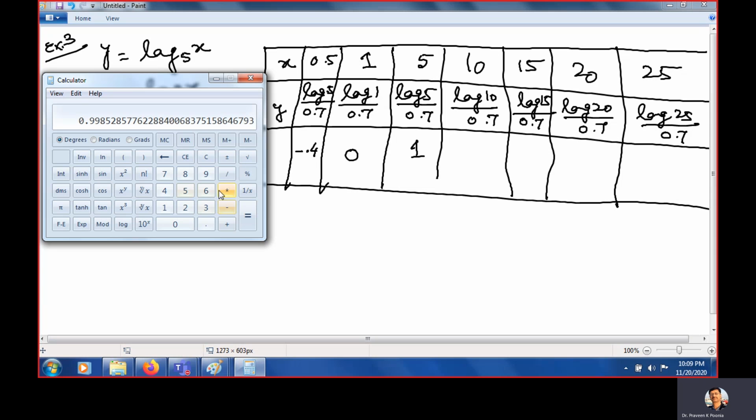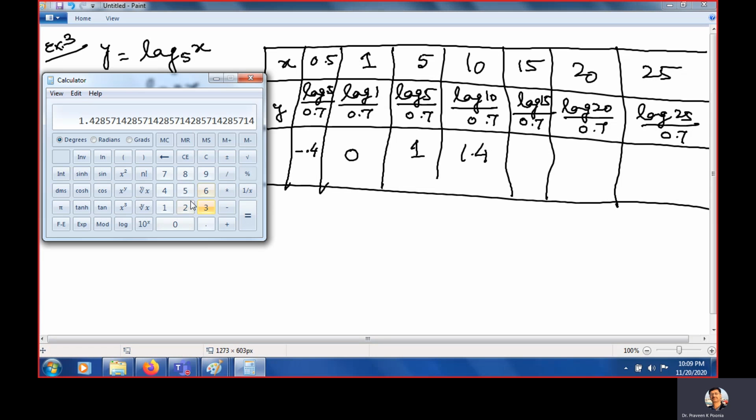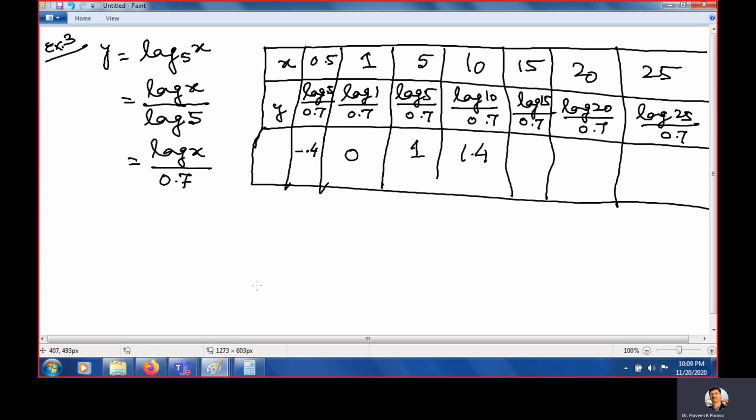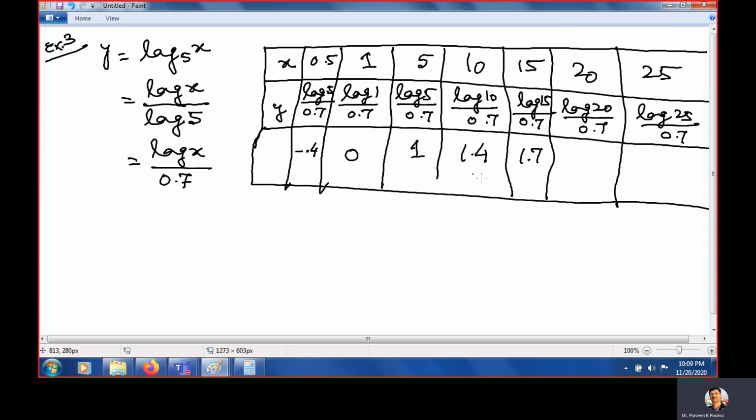Okay, log 10, it is 1 divided by 0.7, 1.4. Log 15 divided by 0.7, 1.68. That means we can say 1.7. Log 20 divided by 0.7, 1.85.